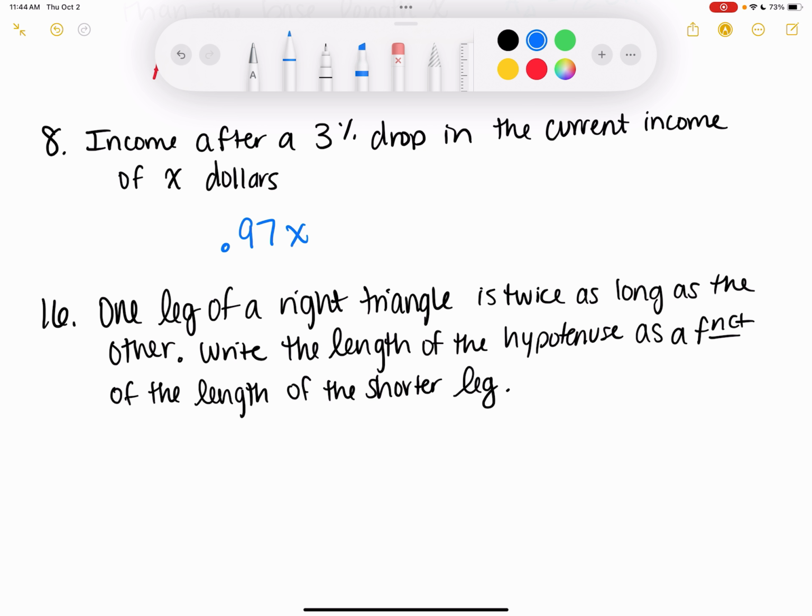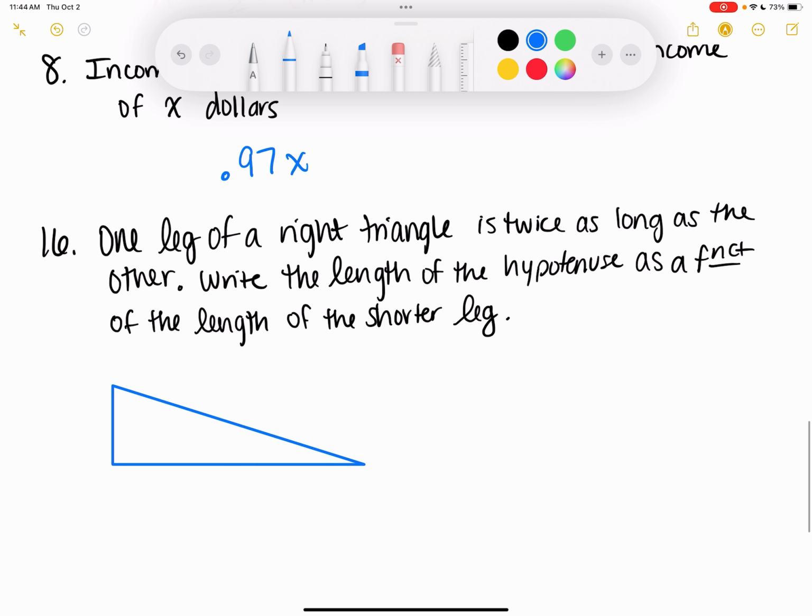Alright, so I am going to draw a picture for this one. Oh, that's not a very good picture, because they told me that one leg is twice the length of the other one, so that might be excessive, but it's a little bit better of a representation than what I had the first time. Okay.